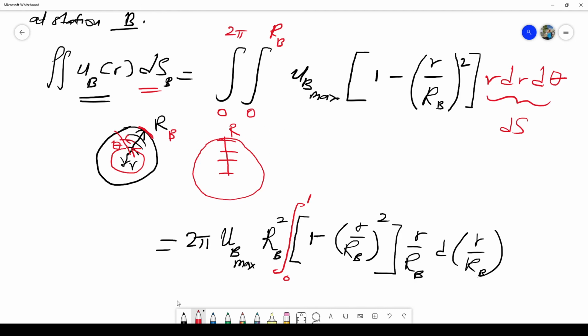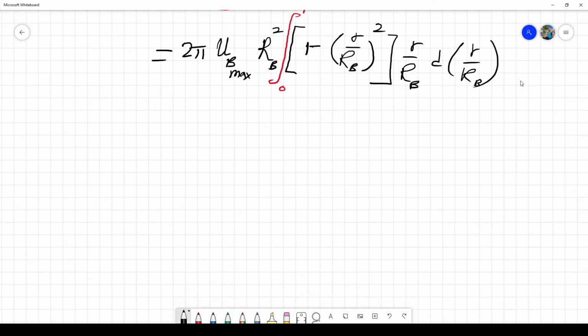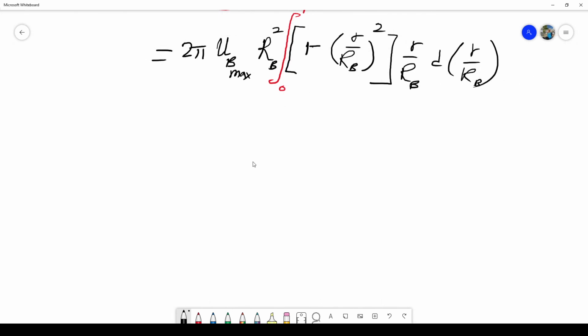Once we have this, we integrate in the other direction, and we get 2 pi UB max, and then we have RB square.